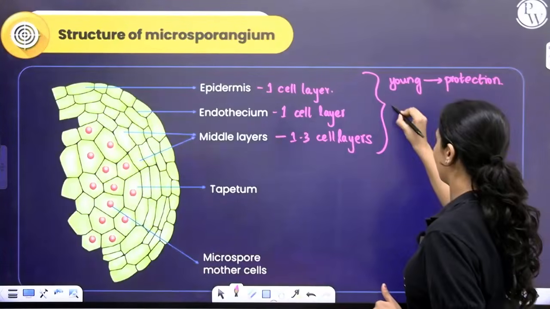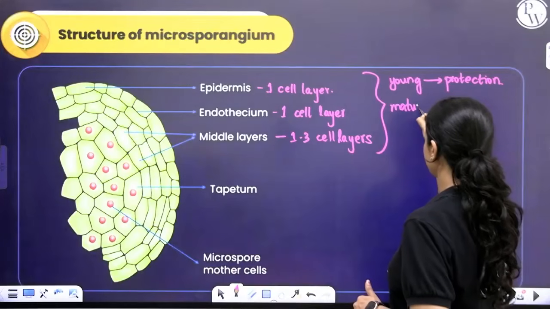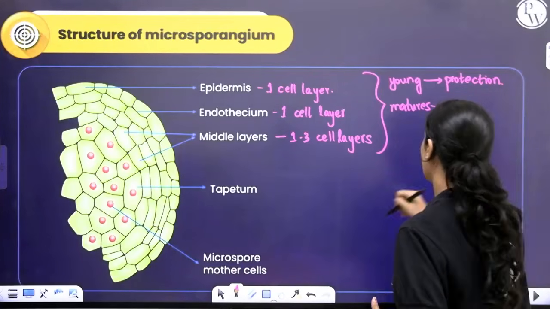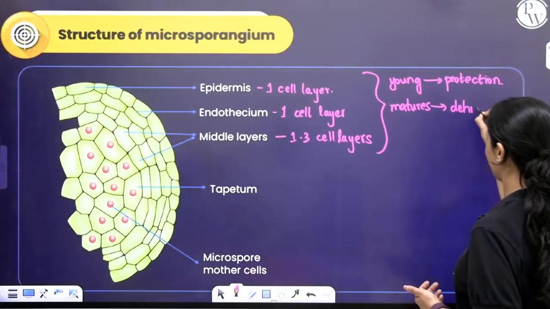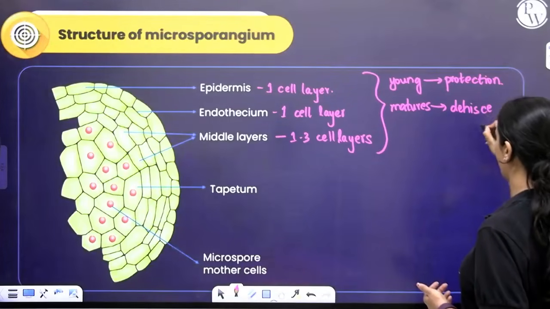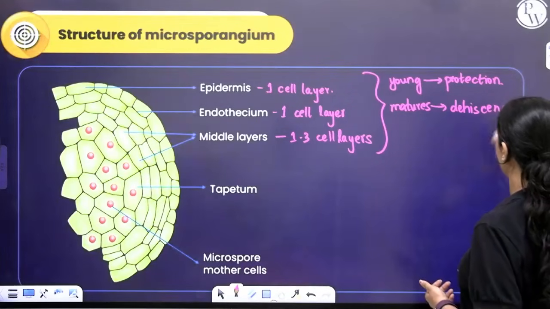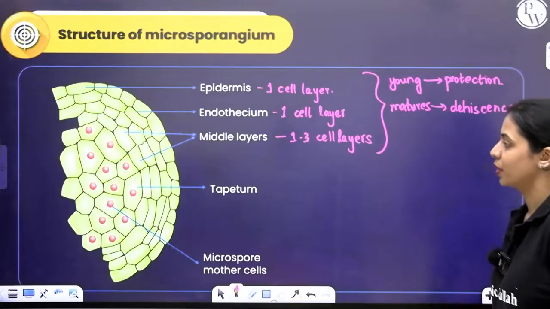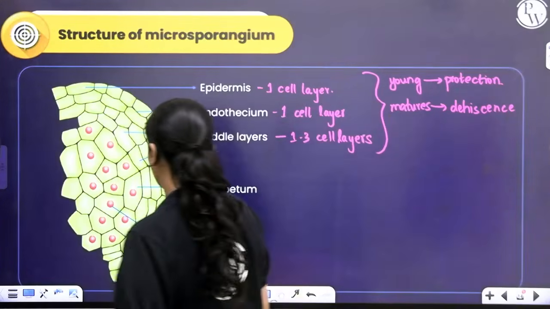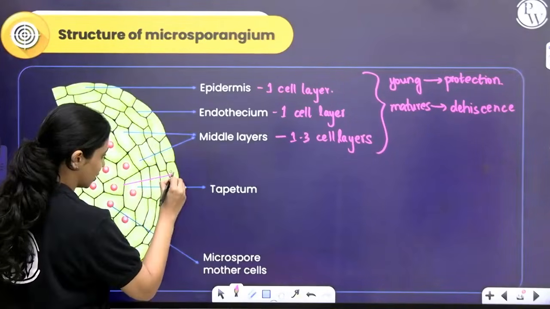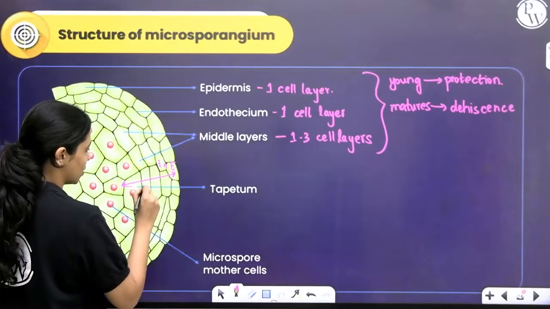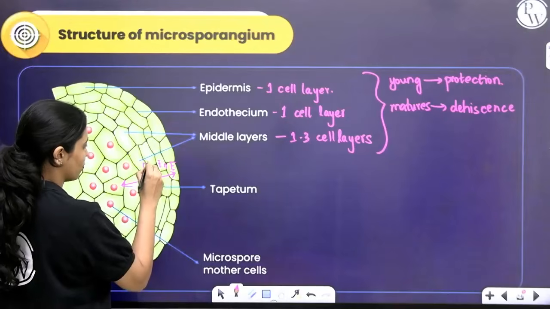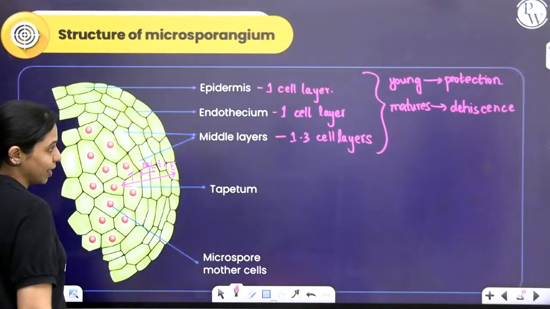So whenever the anther matures, the same three layers will help in dehiscence of the anther; they will help in breakdown of the anther wall. Now the innermost layer in the wall, from here to here is the wall. This is the epidermis, this is the endothecium. Here you had two layers of middle layers and here you have the tapetum.